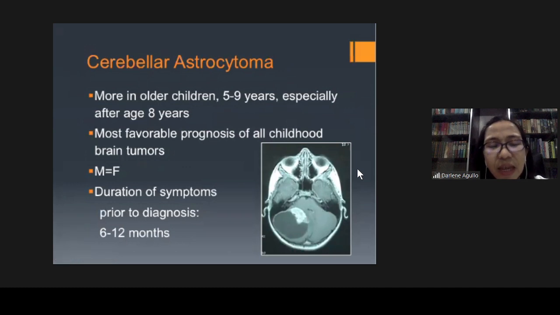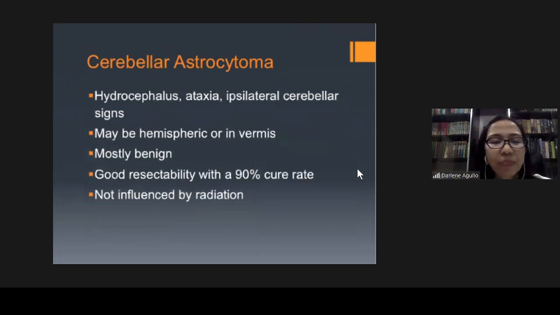Okay? So duration of symptoms prior to diagnosis, 6 to 12 months. Medyo matagal kasi pag benign. Manifestations, very localizing, no? Ataxia and ipsilateral cerebellar signs plus hydrocephalus. Kasi ipit niya yung foramen magendi and Luschka. Okay?